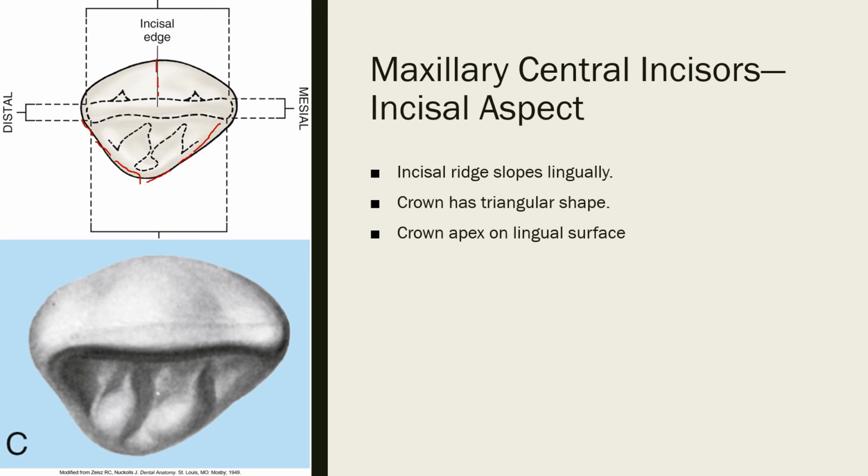Another highlight that I want you guys to focus on is the marginal and incisal ridges. They're very rounded convexities that border that lingual fossa. Okay, you can kind of see them on this picture here.